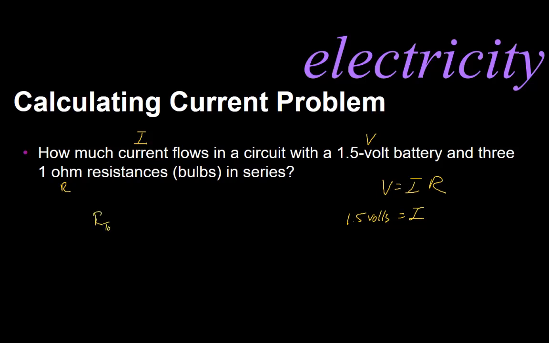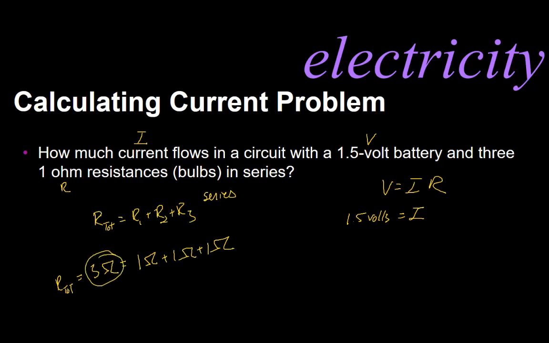So R total, in this particular instance, is going to be equal to R1 plus R2 plus R3. Okay, because they are in series. This doesn't work when we do parallel. So we do 1 ohm plus 1 ohm plus 1 ohm, which gives us a total of 3 ohms.